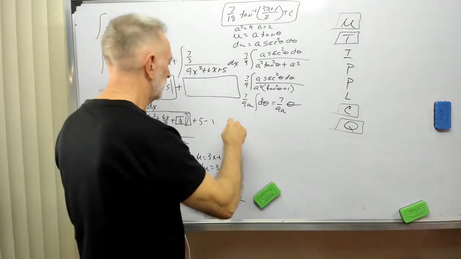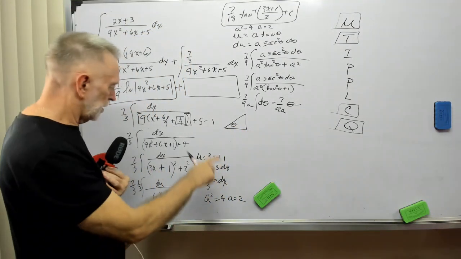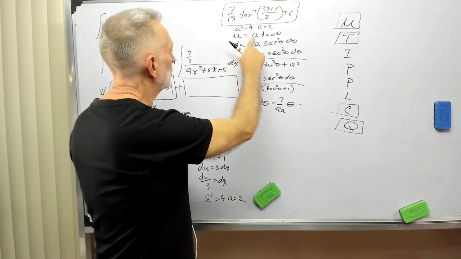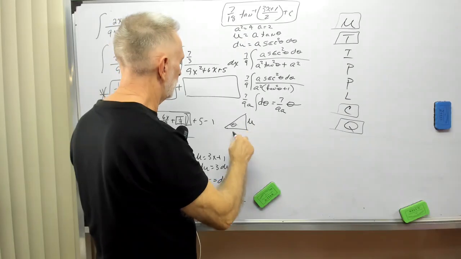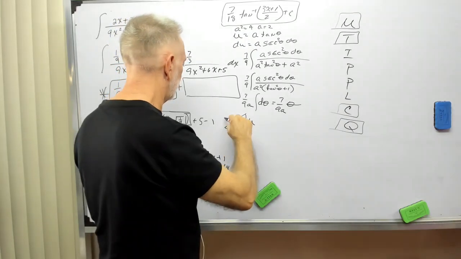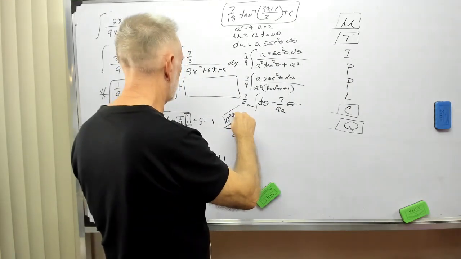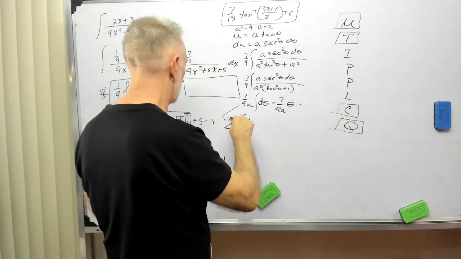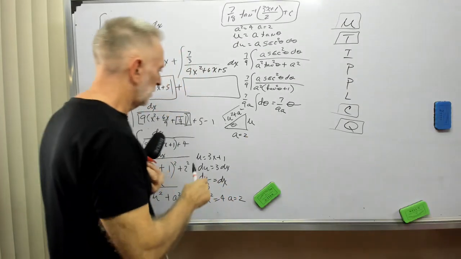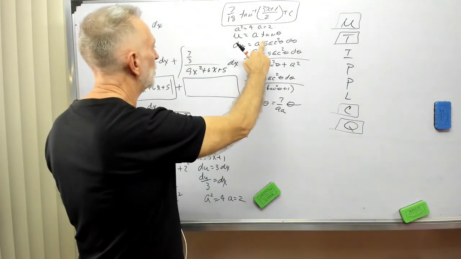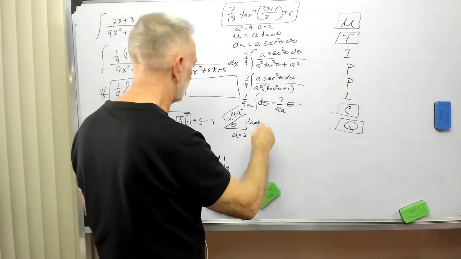Okay, let's put our triangle together here. We have theta there. We said u divided by a would be tangent theta. So u over a is tangent theta. What does that give me here? That's u squared plus a squared. And a was equal to 2, and u, let's go back to our original u, was 3x plus 1.